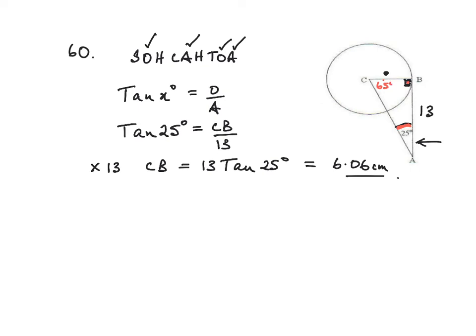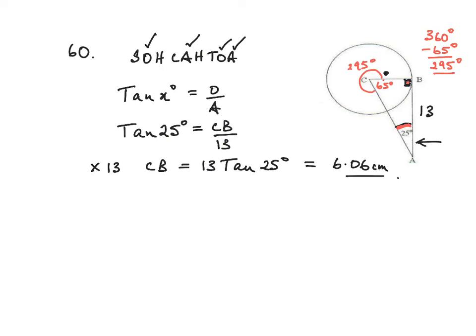We're not going to use that 65 itself, but we are going to use this angle here, which is 360 minus 65, and that equals 295 degrees. That's very important. So that is 295 degrees.